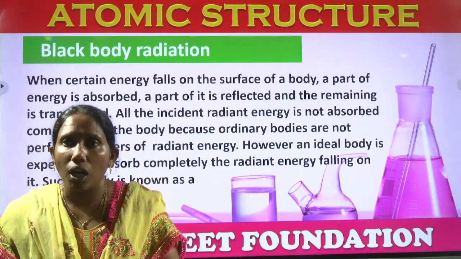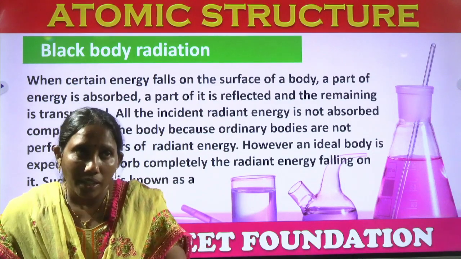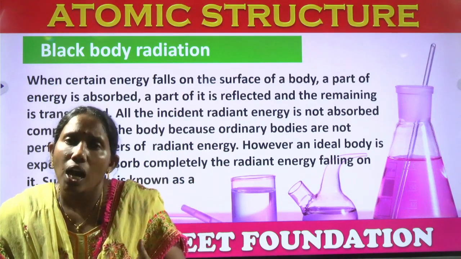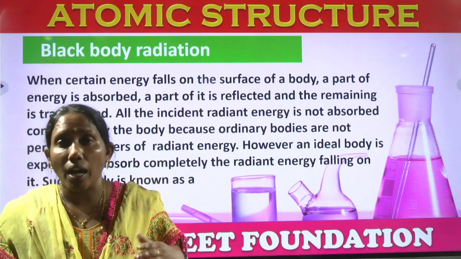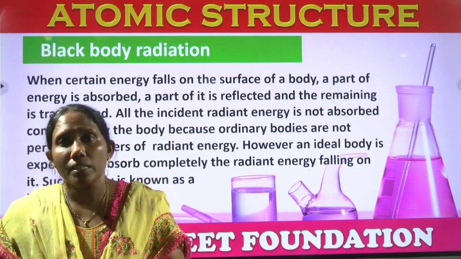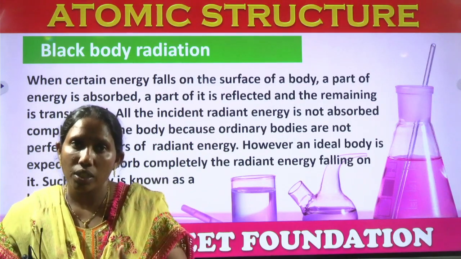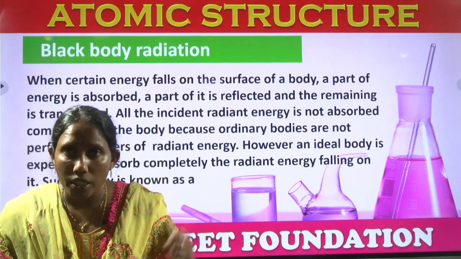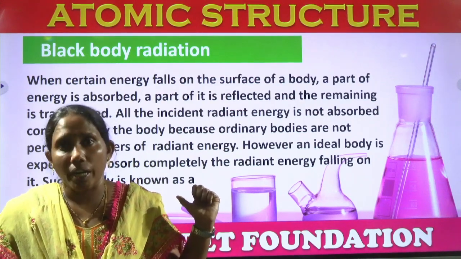So those are called ordinary bodies. But what is a black body? This black body can absorb 100% of the radiation and it can emit 100% radiation. So the absorption or emission will be complete. Such types of bodies are said to be black body radiations.